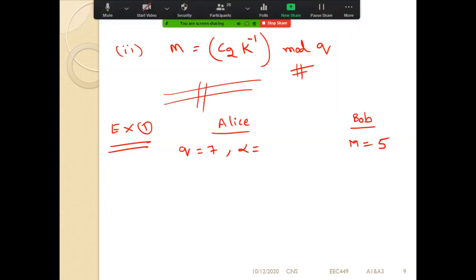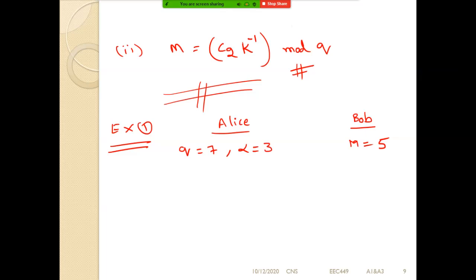So 3 can be a primitive root, but how to find it? Everyone knows. Write down 1, 2, 3, 4, 5, 6, because it must be q minus 1. Similarly, 1, 2, 3, 4, 5, 6. This is the power, and this is mod 7, which will give the alpha.